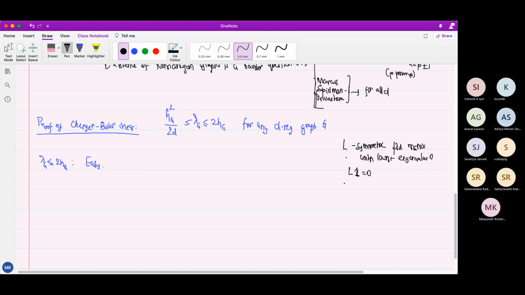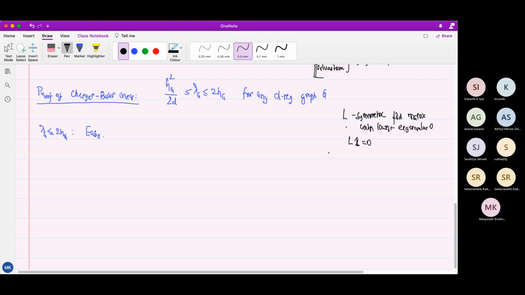Then lambda 2, which is lambda G, how do you get the second one? The first eigenvalue you get by minimizing the quadratic form. This you get by minimizing the quadratic form over all v not equal to 0, where v should be orthogonal to the first eigenvector, right?